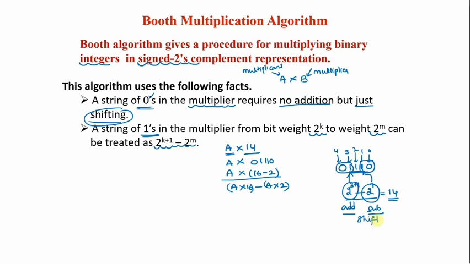Suppose you have some bigger number like 0 1 1 1 0 0 0 1 1 1 1 0 0 1 1 0.